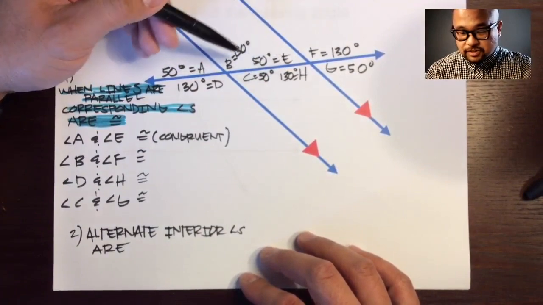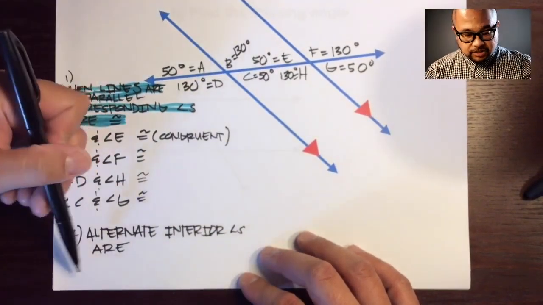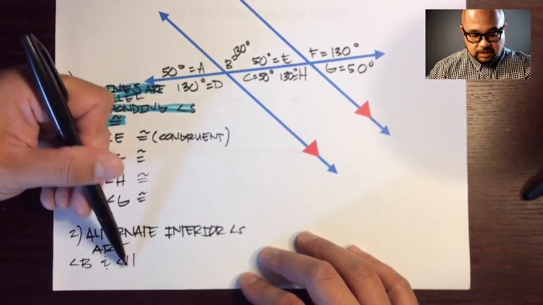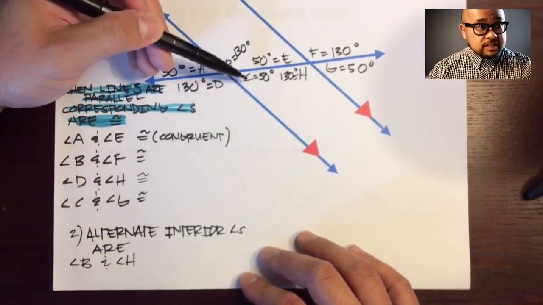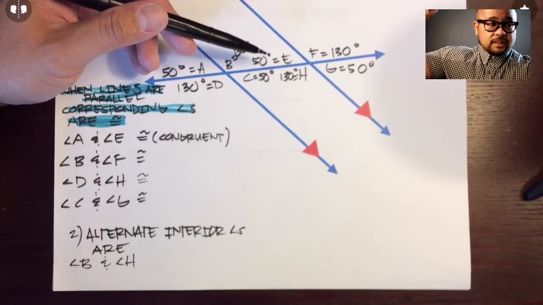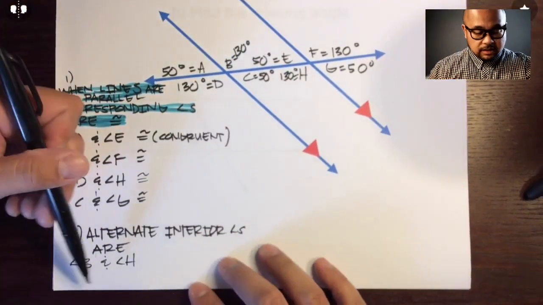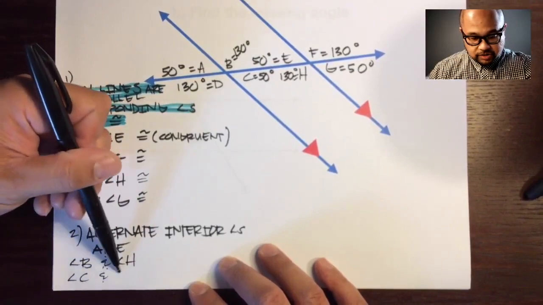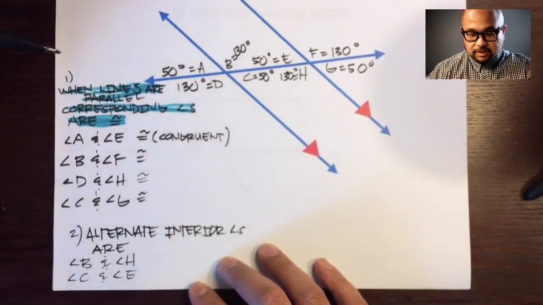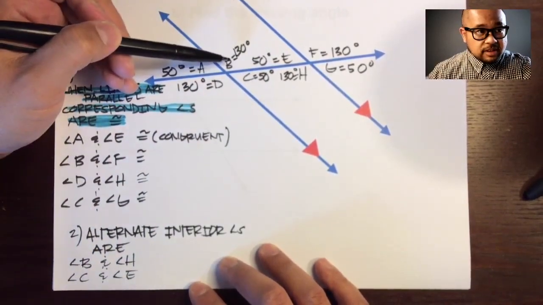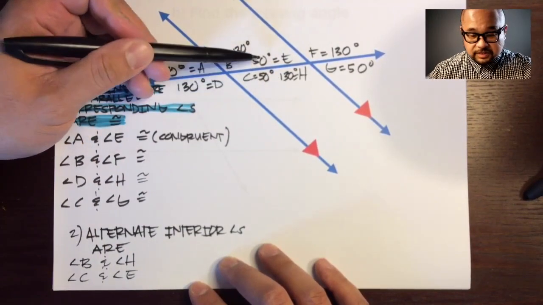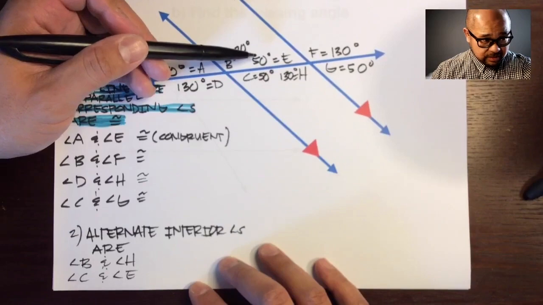So angle B and angle H, and angle C and angle E are alternate interior angles. And what do we notice about them? Angle B is 130, angle H is 130 degrees, angle C is 50 degrees and angle E is 50 degrees.